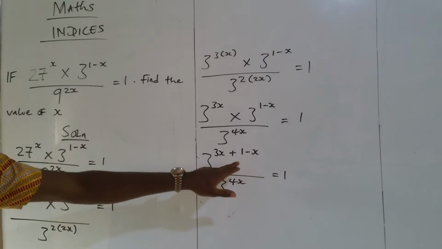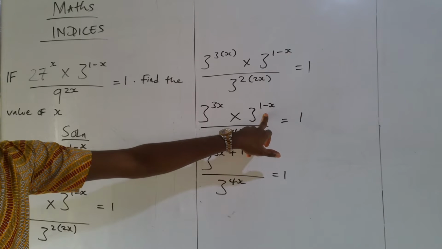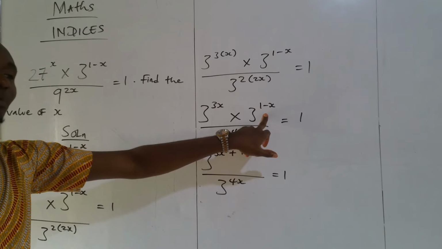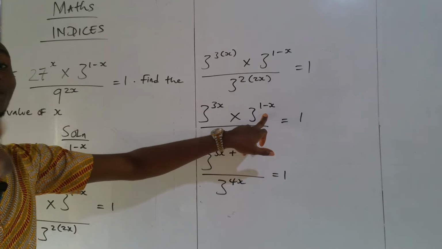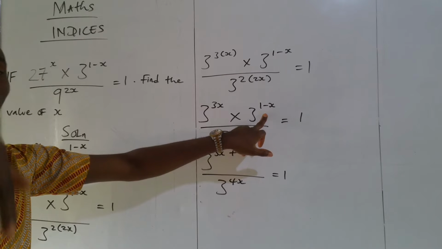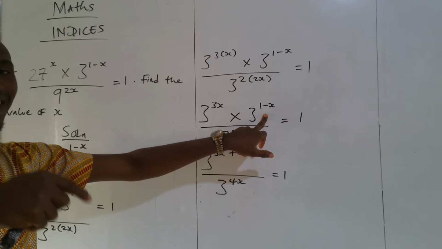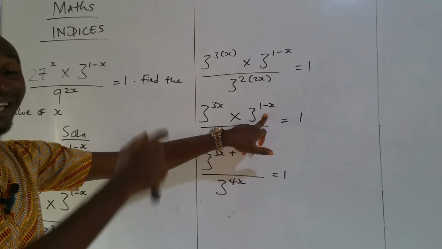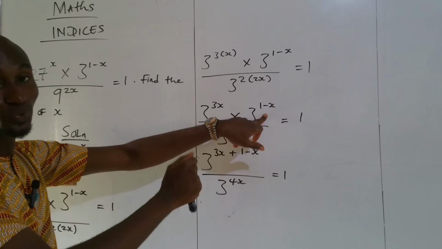Observe that this thing I have here is the same thing with this, according to the multiplication law. I'm going to drop a description link that will connect you to the laws of indices that I made before, to enable you to understand why I am applying many laws to solve this question.